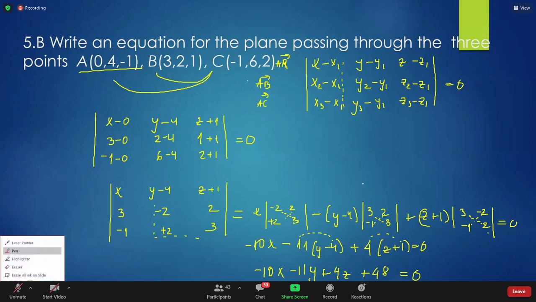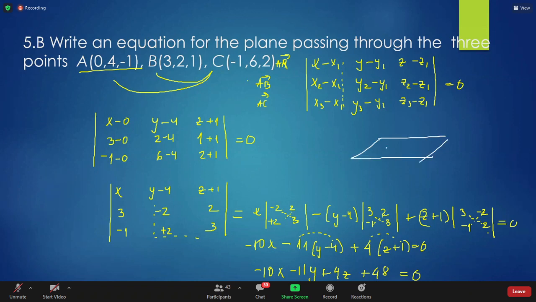Imagine this plane, imagine the 3 points A and B and C. So we have AB and we have AC. We could think the normal vector for this plane should be perpendicular to AB and also perpendicular to AC.